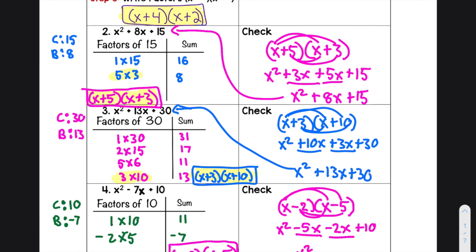Combining our like terms in the middle, we get -7x. Since this is our trinomial that we started off with, we know that our answer is correct. X minus 2 and x minus 5 are factors for our trinomial above.